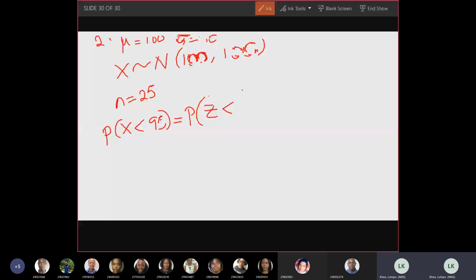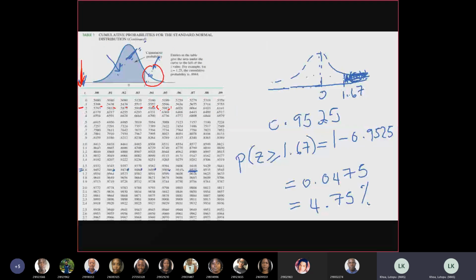If I look at my table over here, there is no negative 2.5. So what I can do is read the value of positive 2.5, and because this table is symmetric, the value I get for 2.5, I can reflect on the other side. If I read this for 2.5, I get 0.9938.